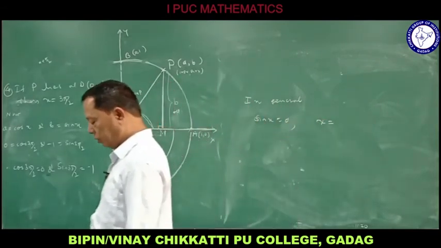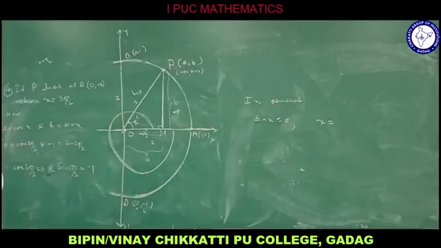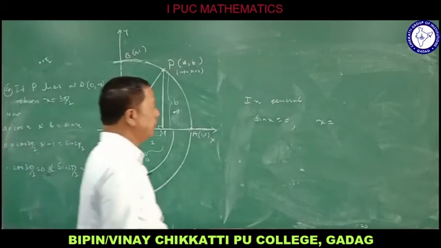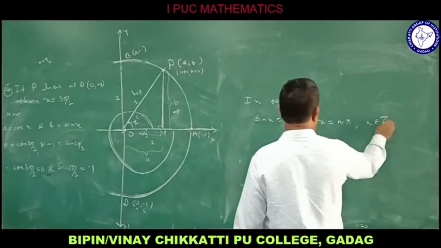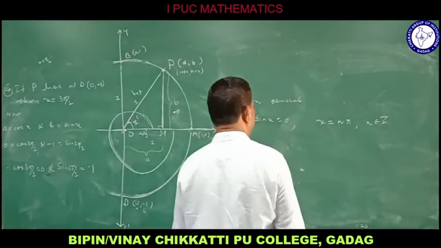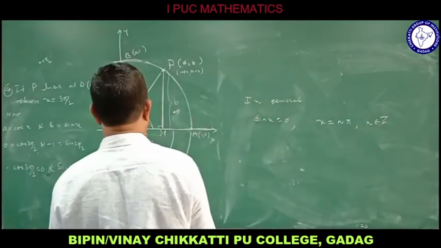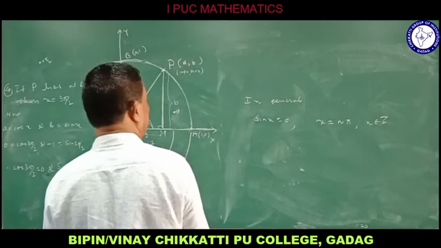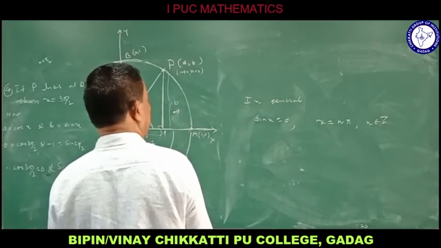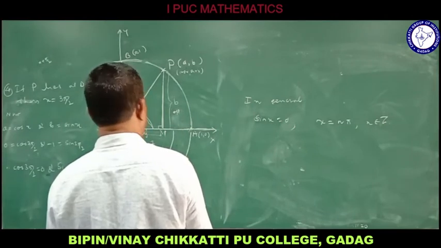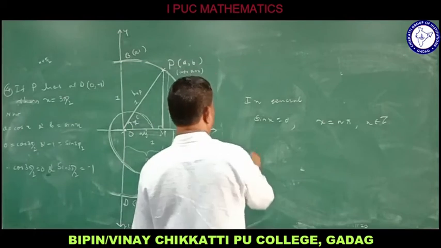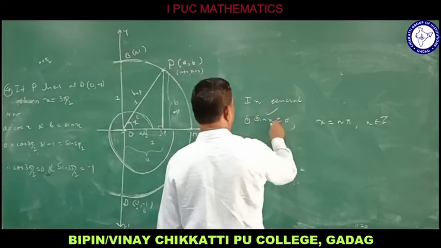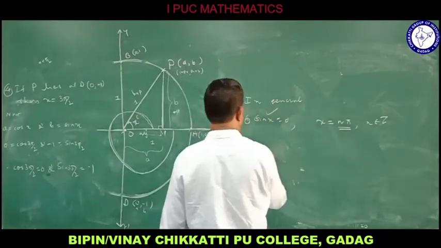Whatever the things you have to take when sin x is equal to 0, that you have to understand, and x is equal to n pi, n belongs to z. Whatever you take, sin pi is 0, and n is any: 2 pi, 3 pi, 4 pi, 6 pi, however you write it, it is 0. And so try to understand sin x is equal to 0, x must be n pi.